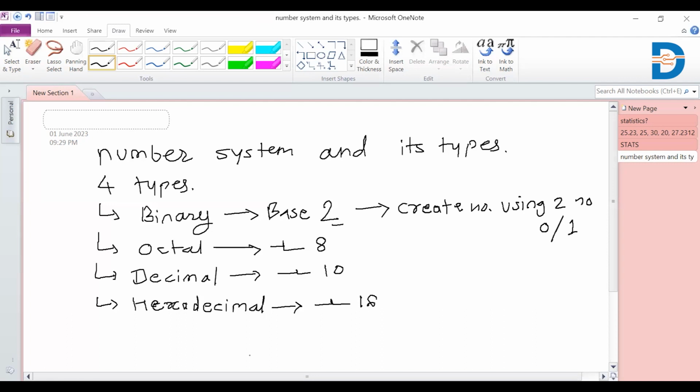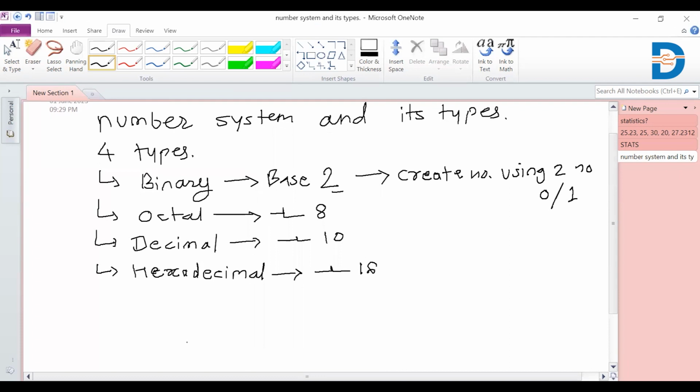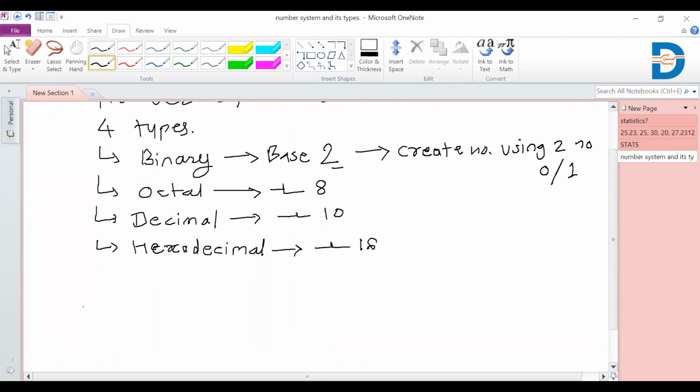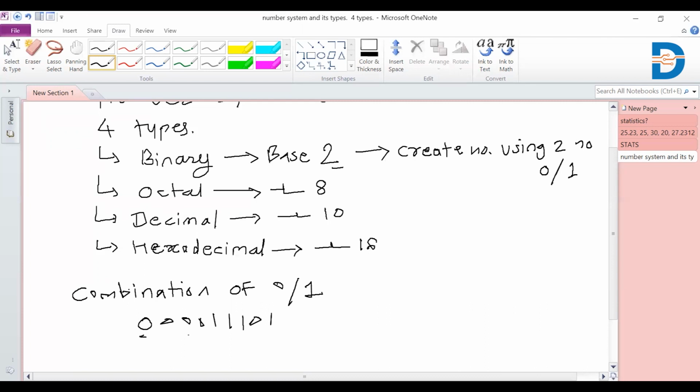So whenever we talk about a binary number, it is a combination of 0 and 1. Now let's assume that 0, 0, 0, 0, 1, 1, 1, 0, 1. This is my number.